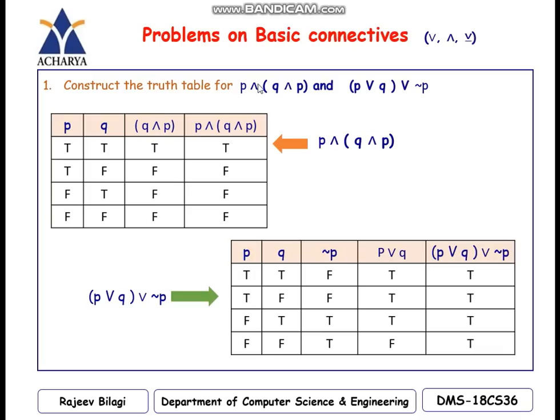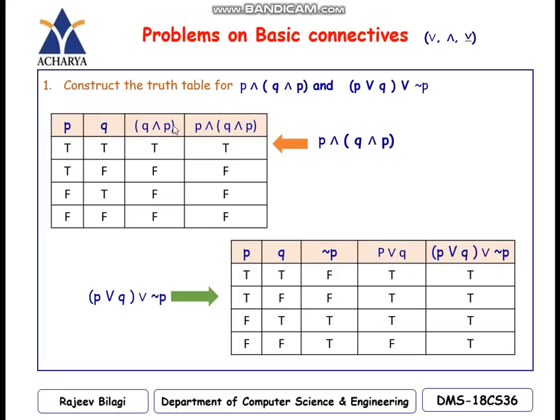The first one is P and Q, and P. The second one is P or Q, in brackets, or negation of P. Now P and Q are two different propositions. When you combine these two, the four different possible truth values are T, T, T, F, F, T, F, F. These truth values you have to remember.